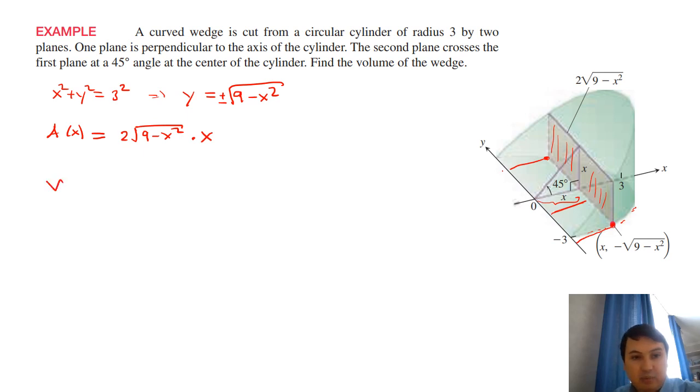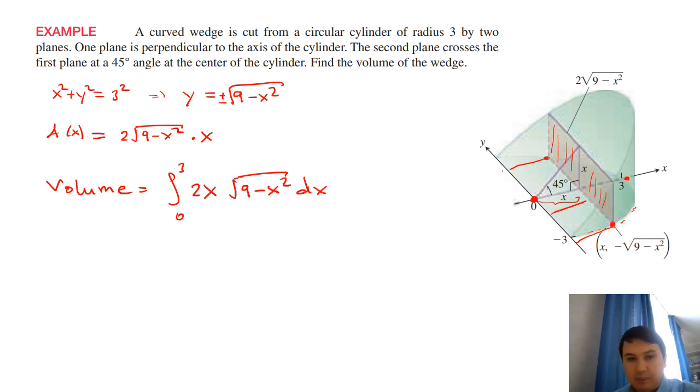Hence, the volume formula is going to be the integral from this point to the end point of the cylinder, which is from 0 to 3, of the area, 2x times the square root of 9 minus x squared, dx.